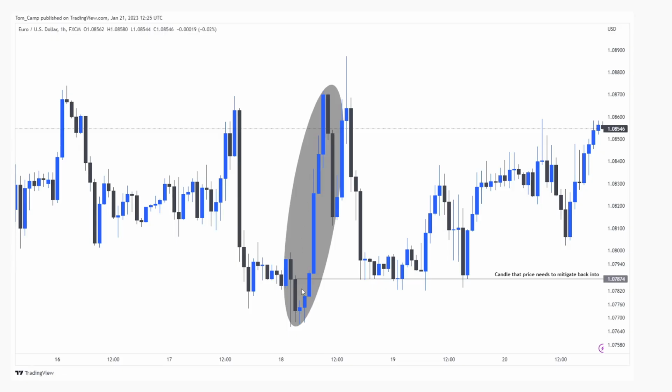So when we see these big pushes to the upside here, we can identify key areas within it, such as this candle, maybe this candle and this candle, which can form your order block area, and this imbalance within the order block. There are all sorts of areas we can look at within here as well.